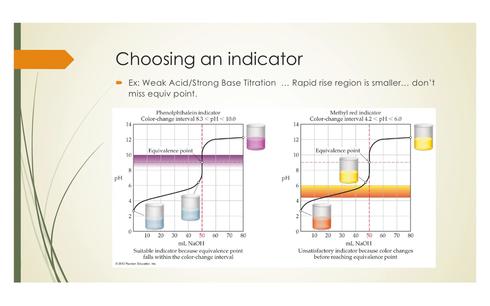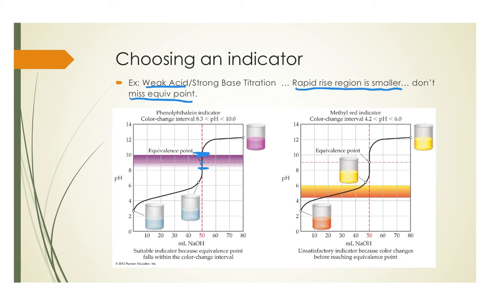Right? Now, if you remember, we said that when we have a weak acid, the rapid rise region is smaller. Okay, so we don't want to miss our equivalence point. So in this particular case, we know since it's a weak acid, our equivalence point is going to be above 7. So phenolphthalein is still going to work because on that steep part of the curve, between 8 and 10, we can go ahead and see the color change begin and end for phenolphthalein.